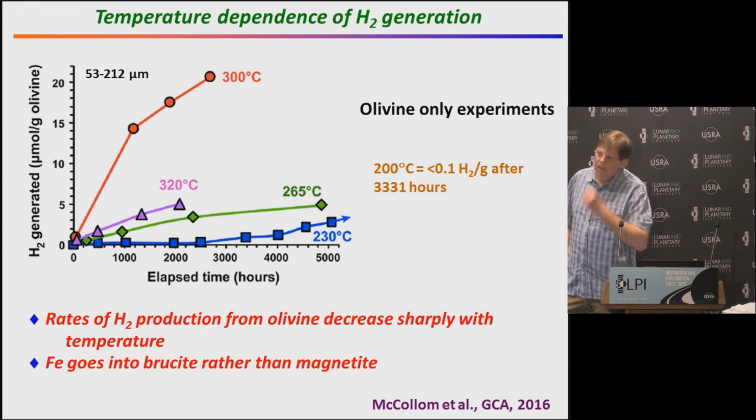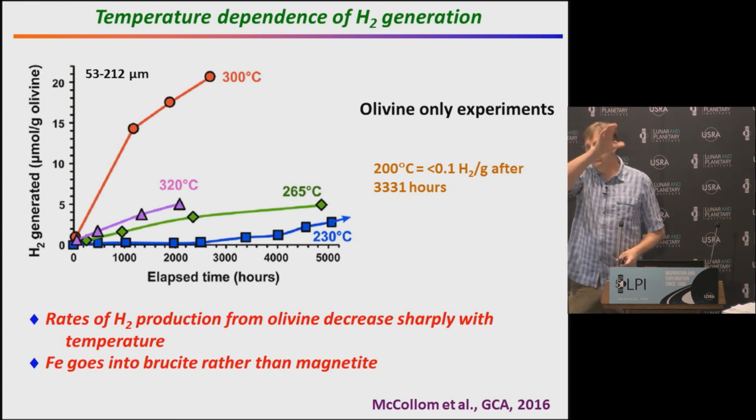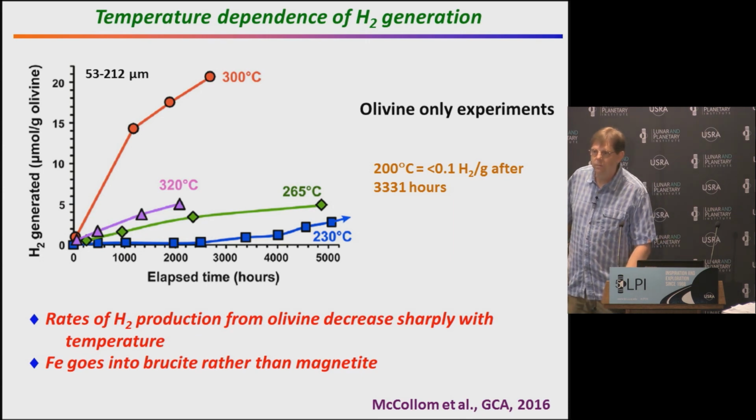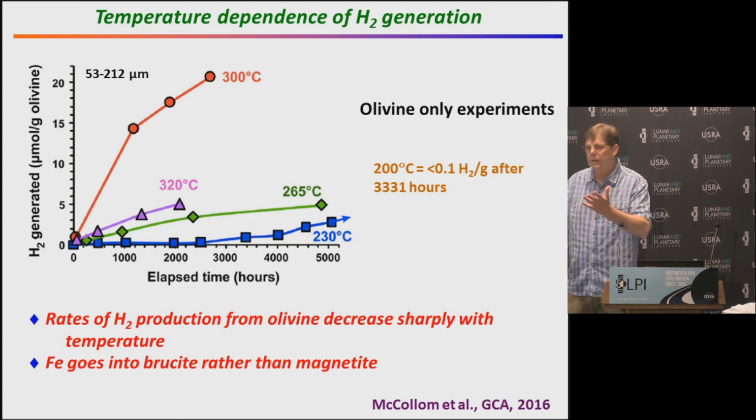Well, I sort of view these experiments as being the accumulated results of fluid flowing through a system at relatively high water-to-rock ratios. And I think there would be some differences if you duplicated the natural system in terms of fluid flowing through these things.